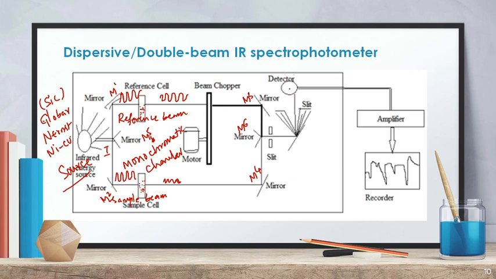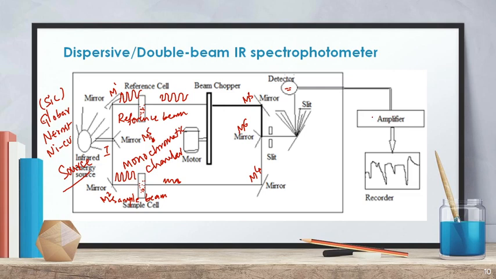So how much energy or radiation is absorbed by the sample is given by the detector; the detector gets the information. The information is given to the amplifier in the form of electrical signals. The amplifier amplifies those signals.